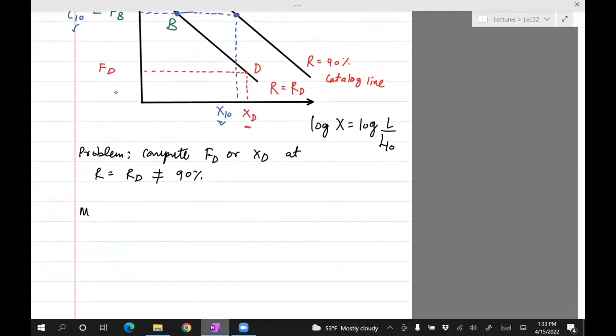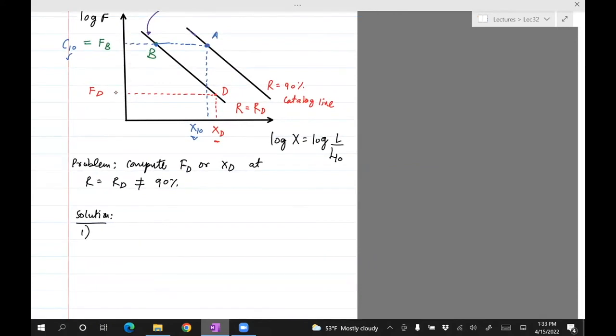The solution is step 1, use Weibull to relate A and B along the same load FB, which is equal to C10.